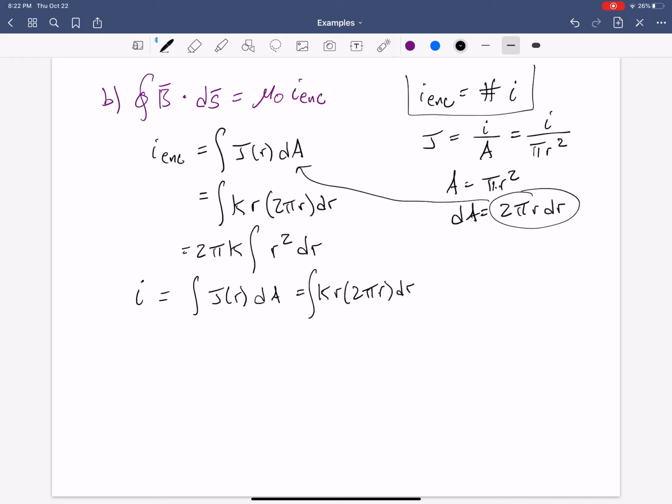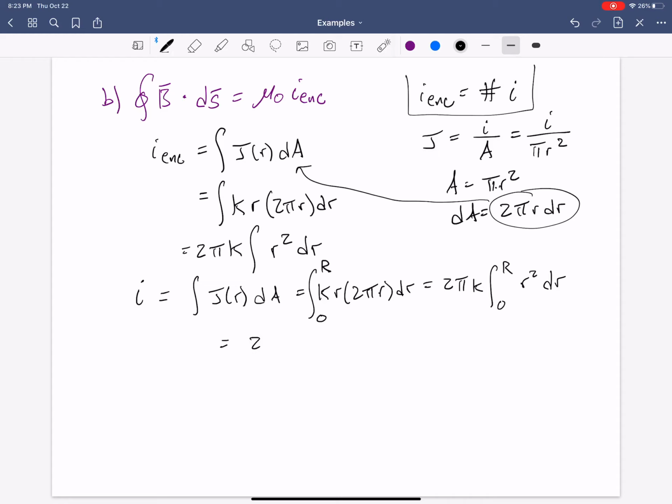Okay. However, now we're integrating from 0 to the maximum radius of the wire, which is capital R. And so we will get an expression that's entirely a constant value. 2 pi K comes out, and we integrate from 0 to R of R squared dr.